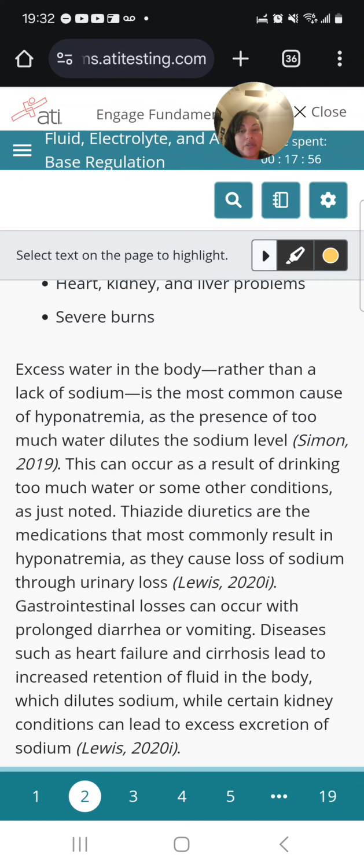Diseases such as heart failure and cirrhosis lead to increased retention of fluid in the body, which dilutes sodium, while certain kidney conditions can lead to excess excretion of sodium.